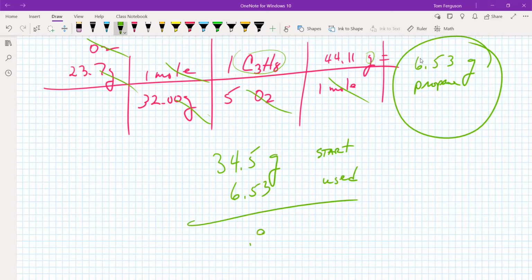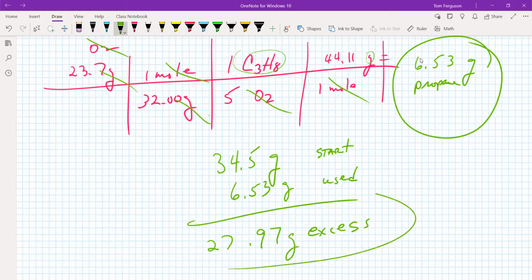Okay, so we're looking at 97, what is that? So 27.97 grams excess propane.